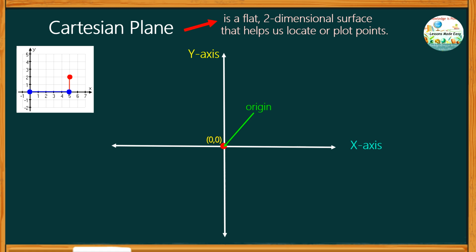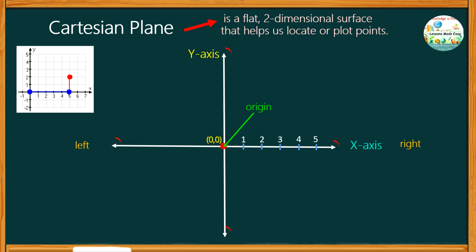The value on the x-axis tells us how far to move left or right, and the distance of each unit should be the same. Let's start counting to the right. From 0, we have positive 1, positive 2, 3, 4, 5, and so on.